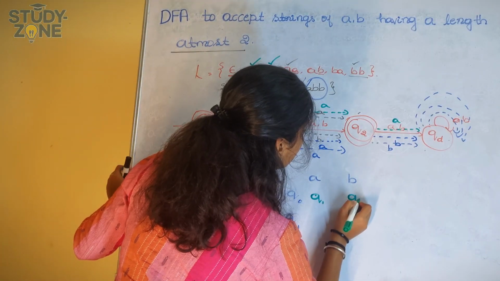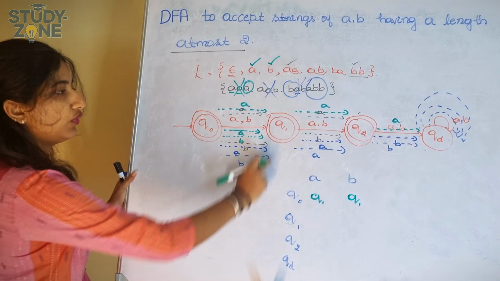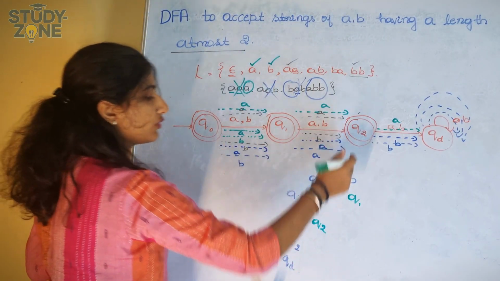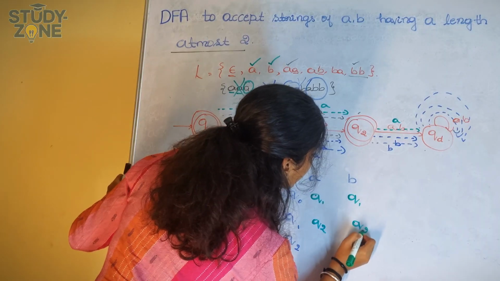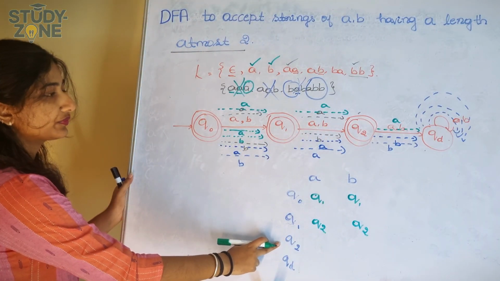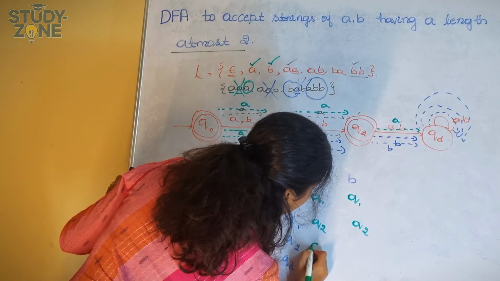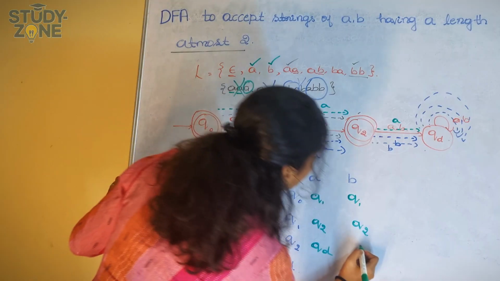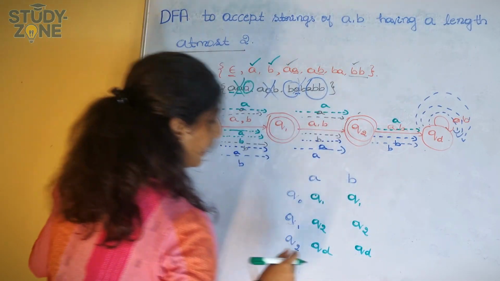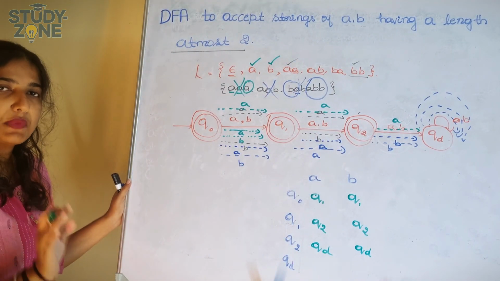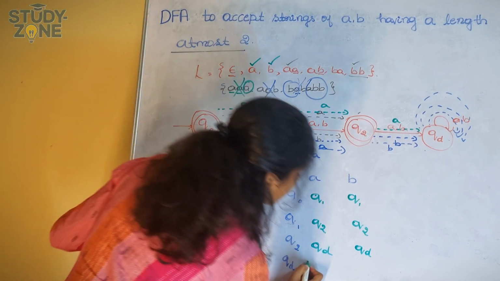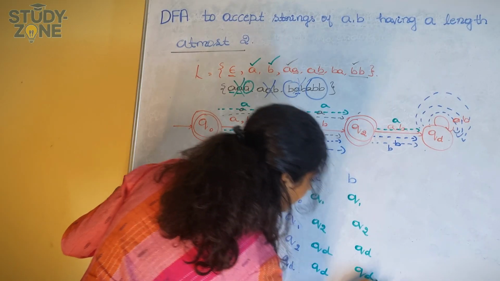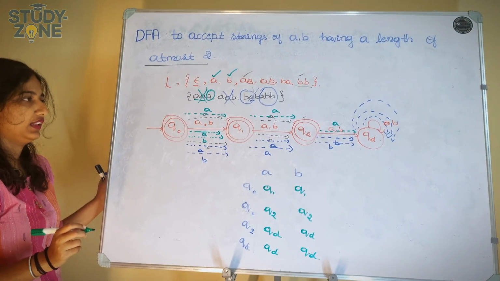Q1 on A moves to Q2, and Q1 on B also moves to Q2. Q2 on A moves to QD, which is a dead state, and Q2 on B also moves to QD. And QD on A and B will remain in that state only, that is QD. So that's our transition table.